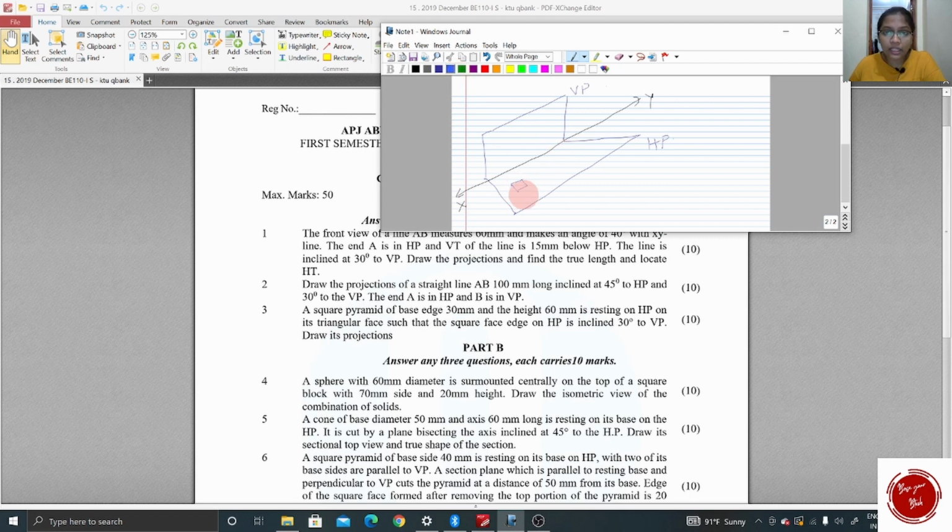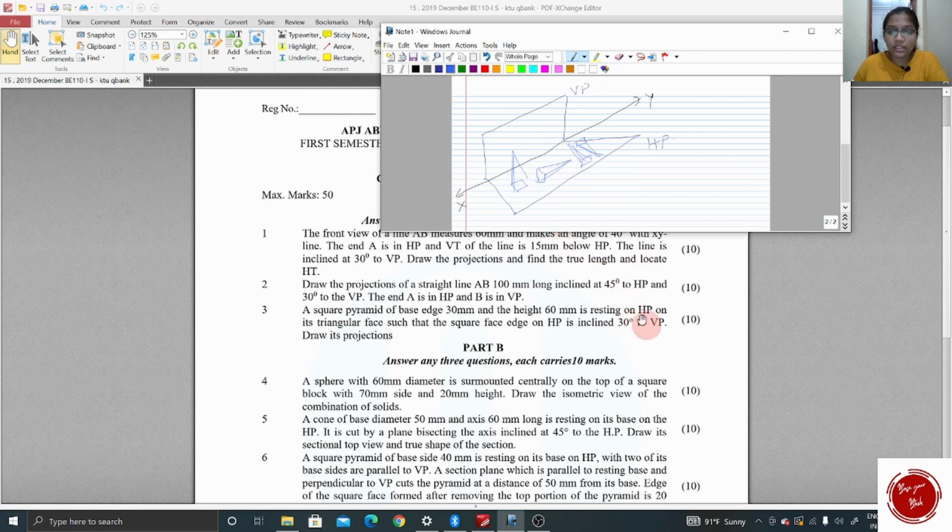So pyramid can rest like this, or it can even lie down like this, or the apex of the pyramid can be near to the VP, or the base can be nearer to the VP. See, this square shape is the base. So in any method, in any manner, this pyramid can rest on HP.